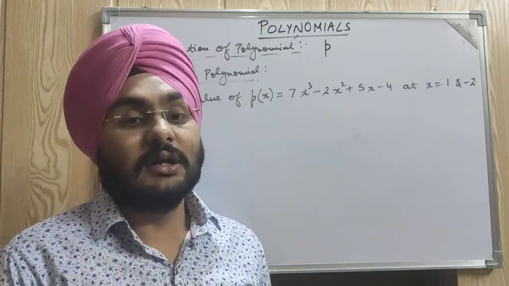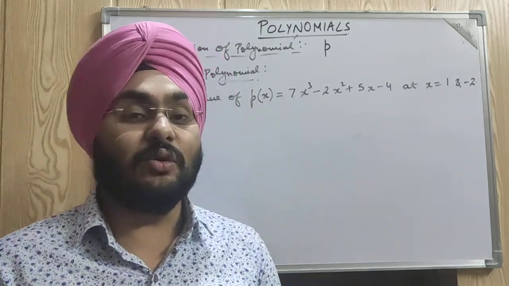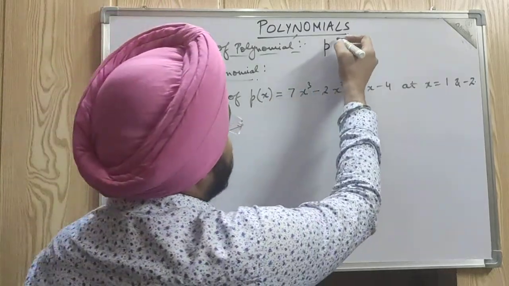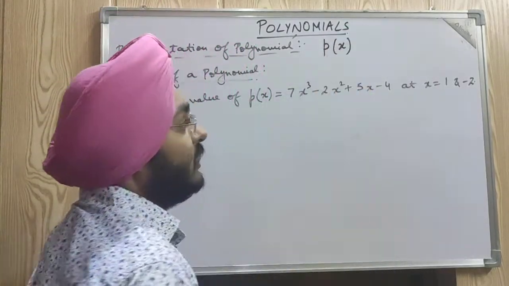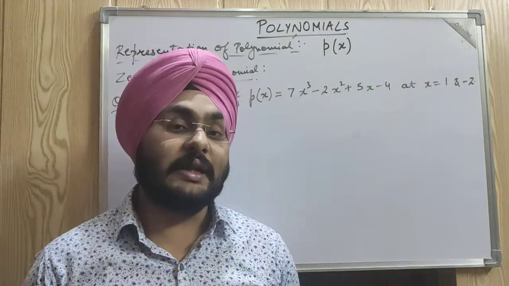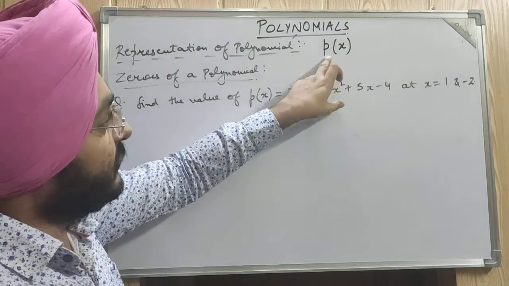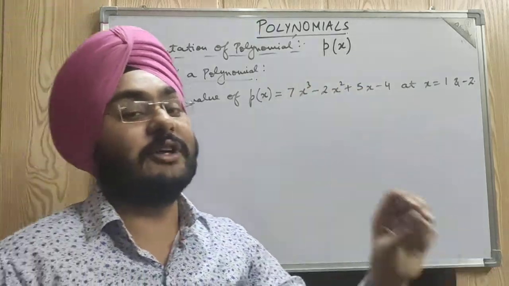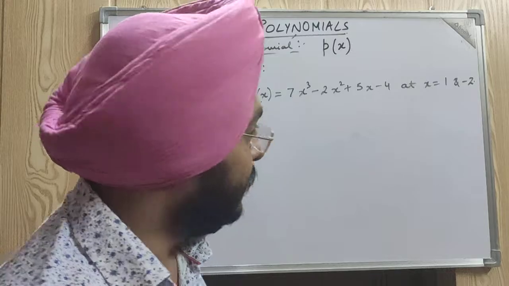You can write f, g, q, r. We will be discussing that later. And in the bracket you will write the variable which you are using in that polynomial. So I'm saying this p stands for the polynomial and this x is the variable which you are using in that polynomial.